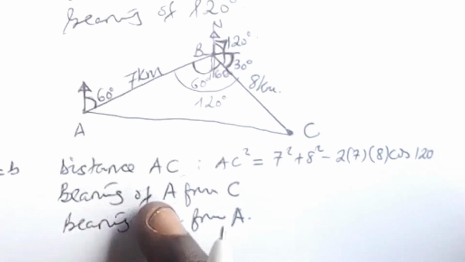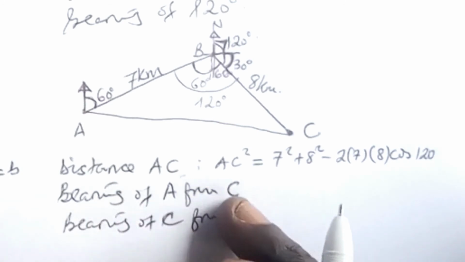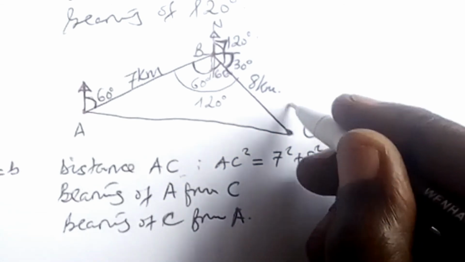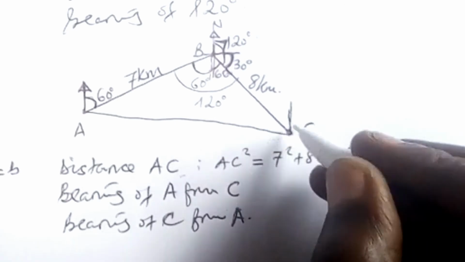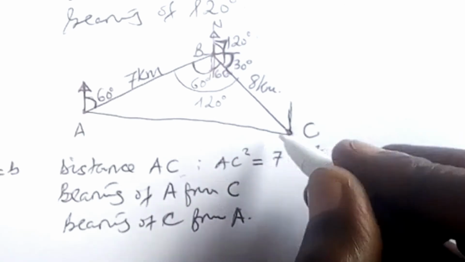For the bearing of A from C, I have to go to C. They say from C, so I go to C because they've said from.